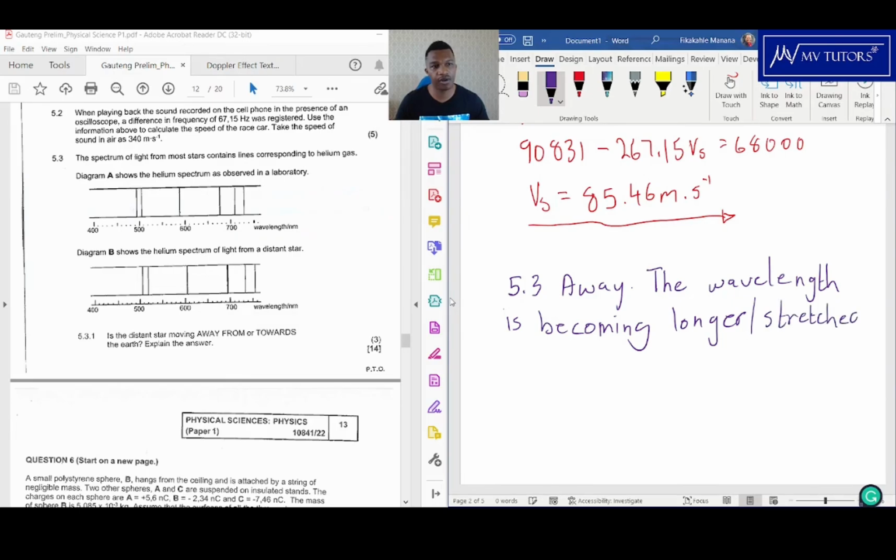It's becoming longer or stretched, thus meaning the source of sound, or let's use the words they gave us, thus the distant star is moving away. Star is moving away.